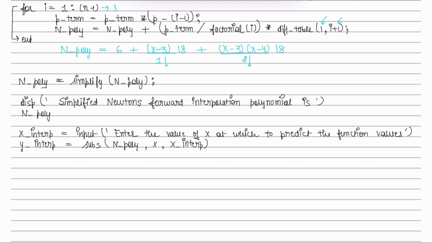You can also skip this x here because there is only one variable in n_poly, and for printing you can use the display function as well as the fprintf function we have discussed in our earlier video. You can use either function you feel comfortable with. I hope you have understood this code. I have tried my best to explain each and every statement of this code.